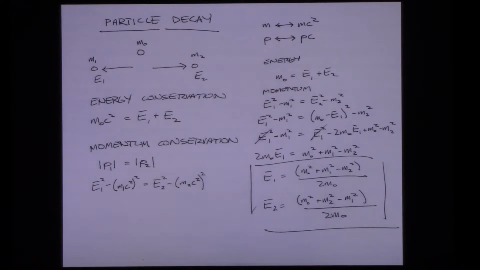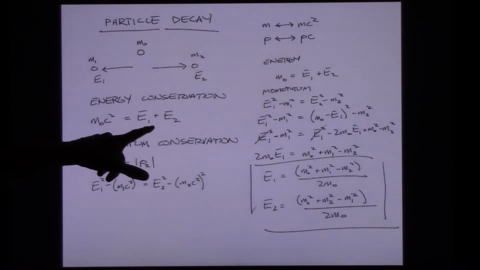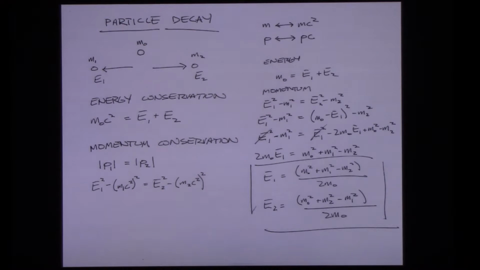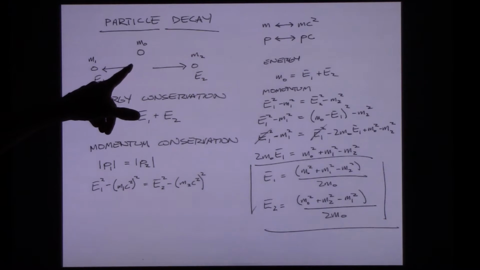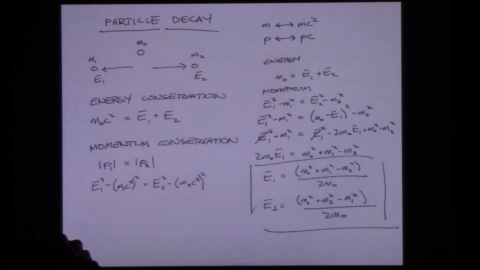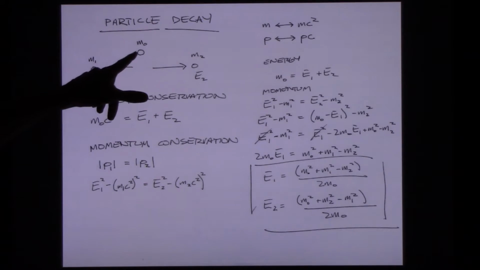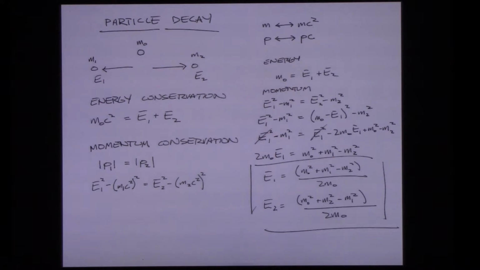Now, energy conservation tells us that the energy we start with will equal the sum of the energies we end up with. But this is not kinetic energy. What happens in special relativity, and in nature, is that if the starting particle is at rest, then the energy we start with is mc squared of that starting particle.